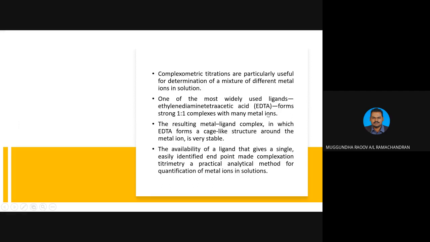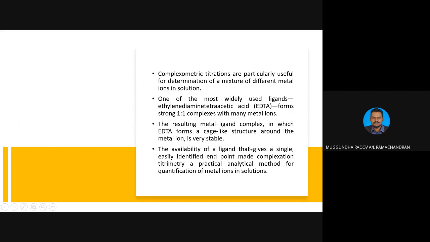Because EDTA will act as the ligand, it will form complexes with the metal ions, and in the resulting metal ion complex, the EDTA usually forms a cage-like structure around the metal ion, and it is very stable.